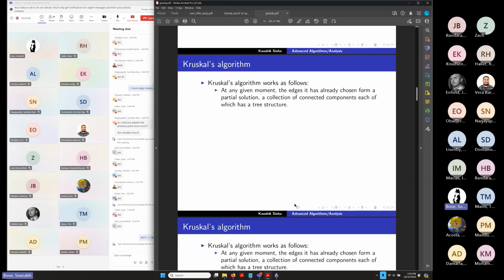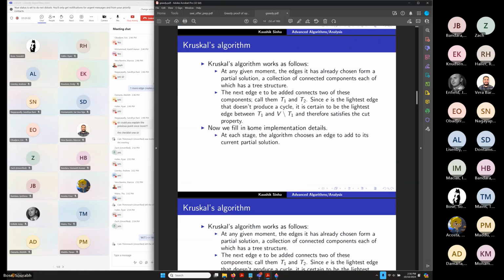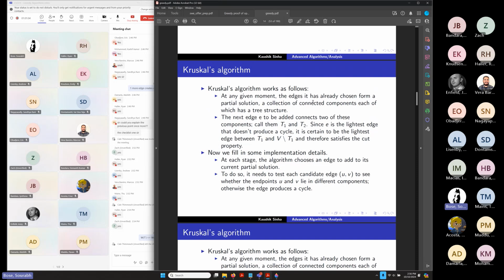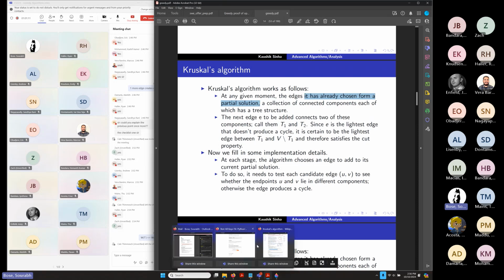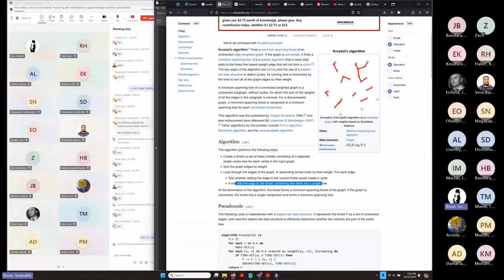So Kruskal's algorithm works as follows. At any given moment, the edges it already has chosen form a partial solution. Let's go and look at the visual again. This is Kruskal's algorithm.